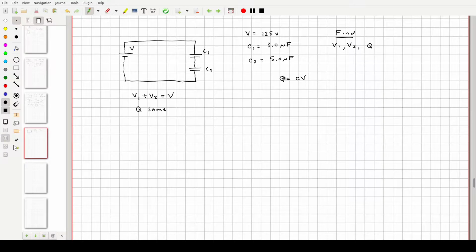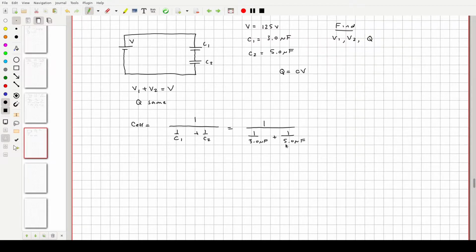Okay? So when you reduce this in complexity, since these are in series, C effective looks like 1 over C1 plus 1 over C2, which is going to be 1 over 3.0 microfarads plus 1 over 5.0 microfarads. Again, the common denominator here is going to be 15. This will be 5/5, this will be 3/5. 5 plus 3 is 8.